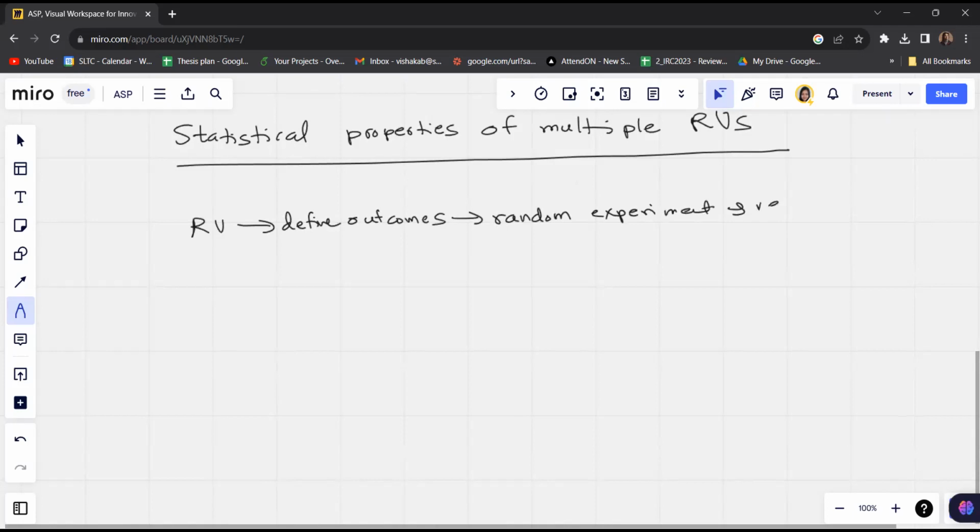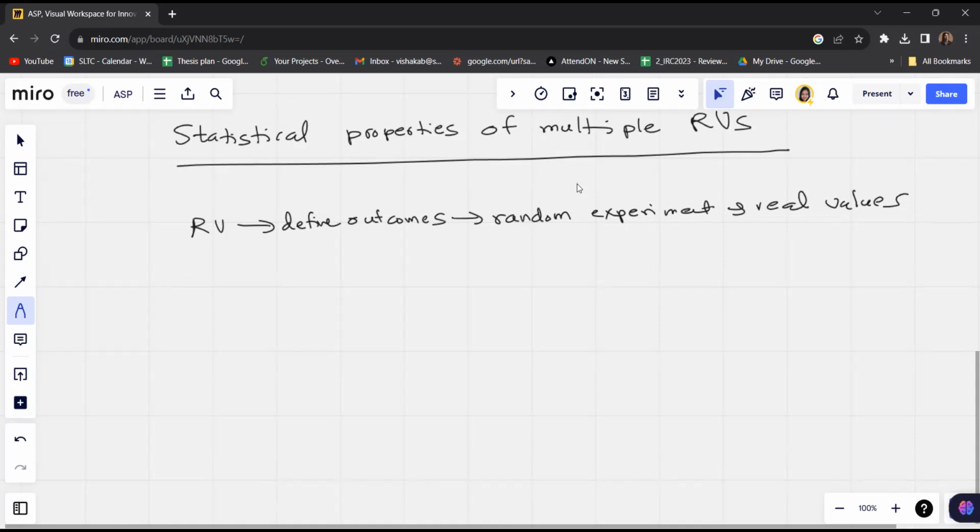So random variables are real values, which are used to mathematically present the outcomes of a random experiment.